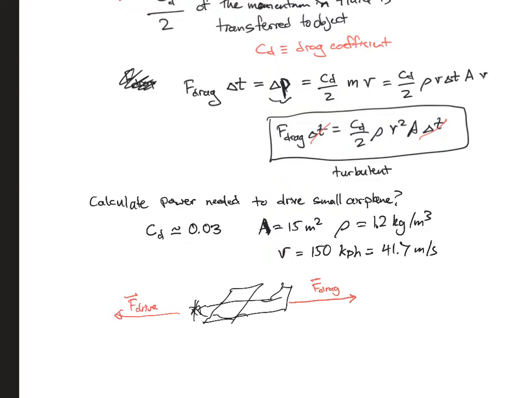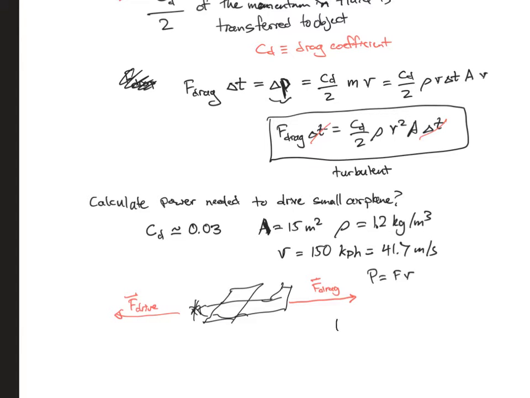And the power that's needed is the force times the velocity, as long as we're talking about something where the force and the velocity are in the same direction. And since the force that's needed to drive is equal to the force created by the drag, we can just plug in our formula for the drag.